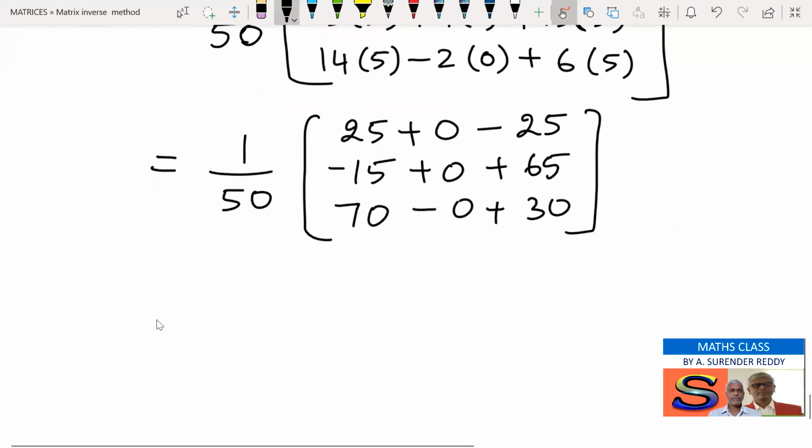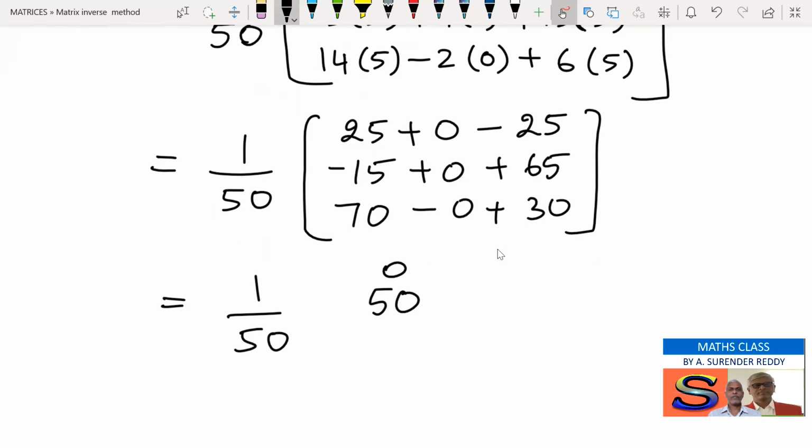So next, keep 1 by 50 as it is. 25 minus 25 will be 0. 65 minus 15 is 50. 70 plus 30 is 100.